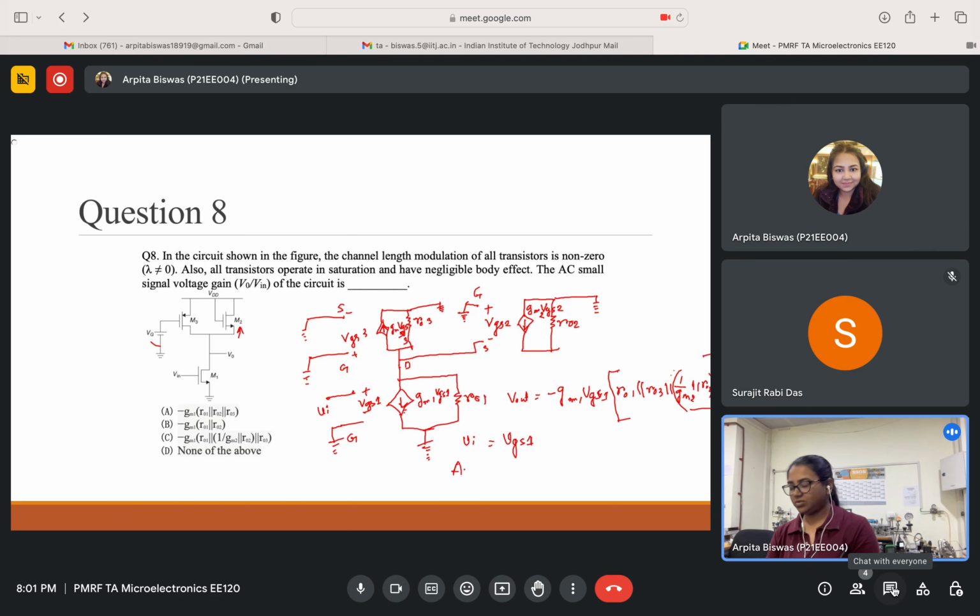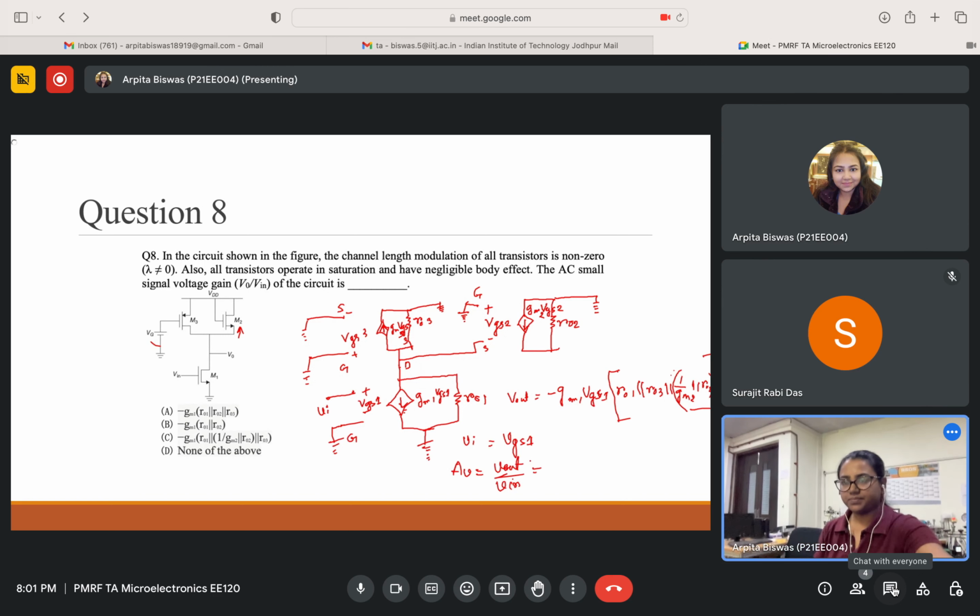Then what is the value of Av or gain, or V output by V input? Minus gm1, VGS1 cancels out.